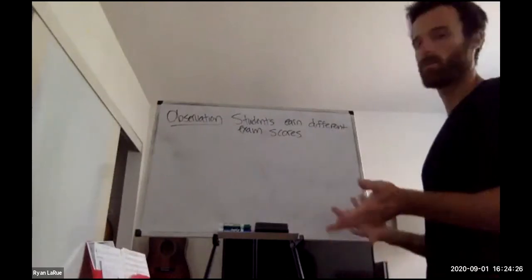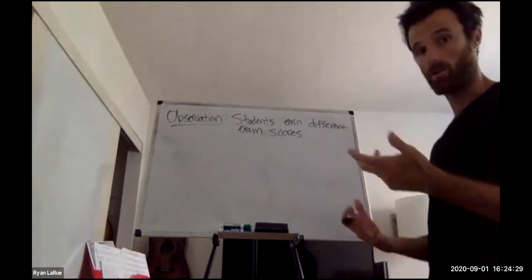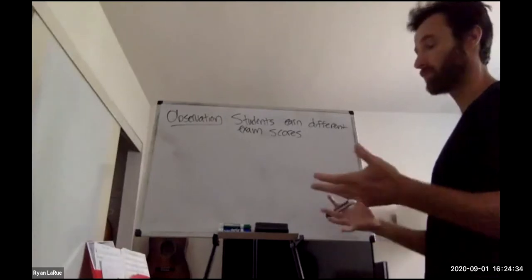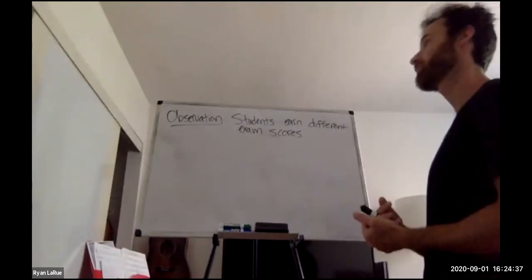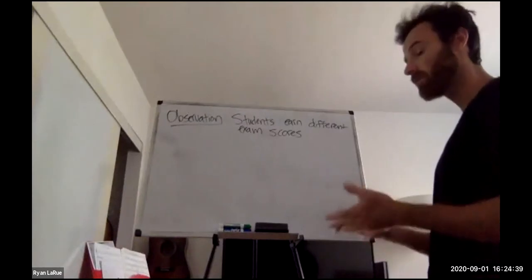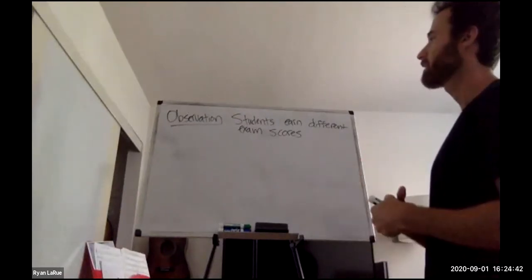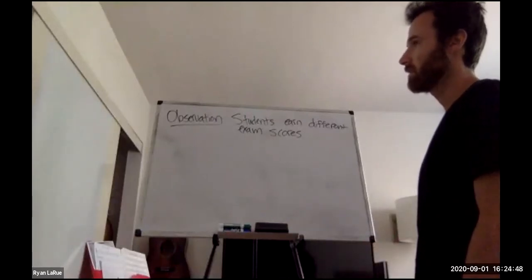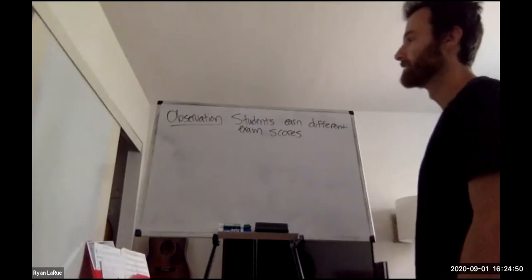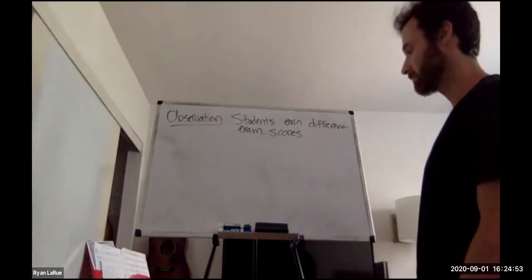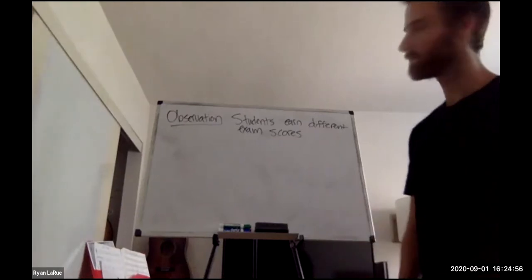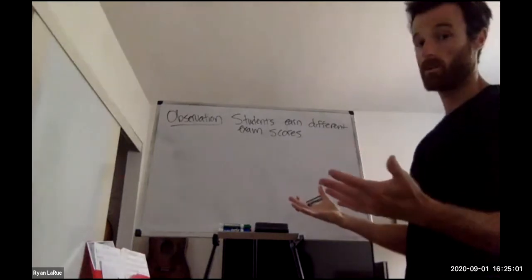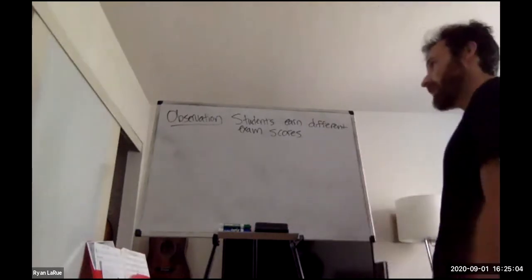Again, the observation is typically a problem you're looking to solve in the world, or improve. A technology you might want to improve, or like I said, a problem like maybe global temperatures are rising. You know, the virus one I mentioned in lecture. Things we're looking to solve using science. So students earn different exam scores. We want you guys to all do well on exams, right? You're gonna want to solve that.